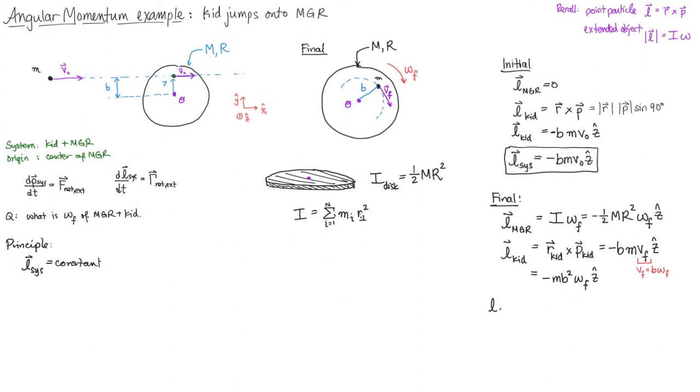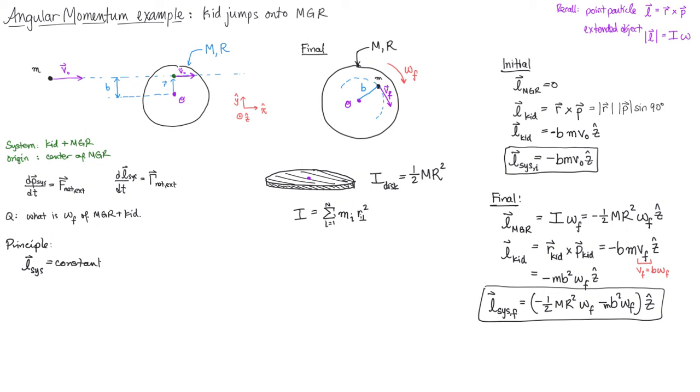This tells us that the system's final total angular momentum will be minus 1/2 MR squared omega final, excuse me, minus mb squared omega final, all in the z hat direction. And that, we're claiming, is equal to the initial angular momentum by conservation of angular momentum.